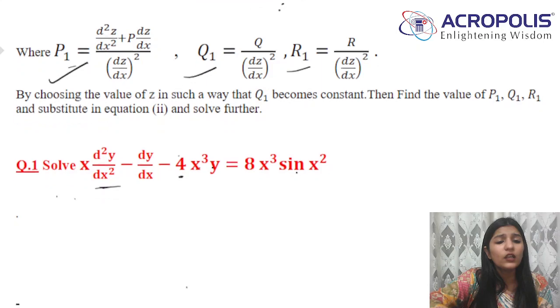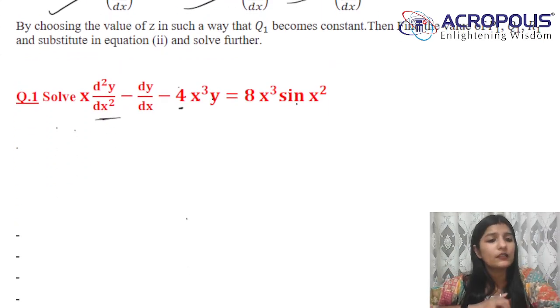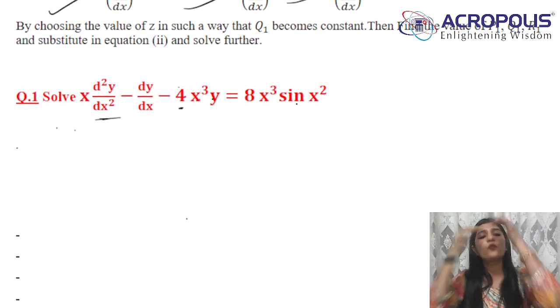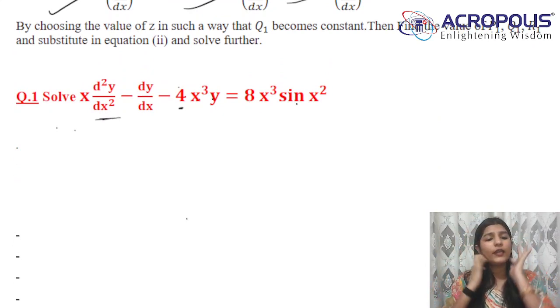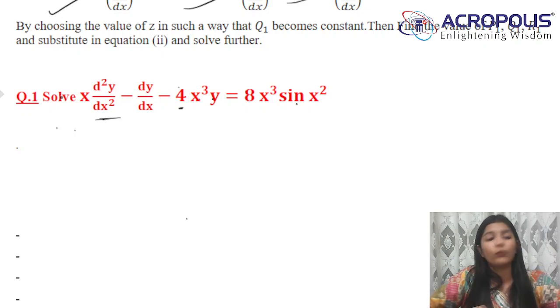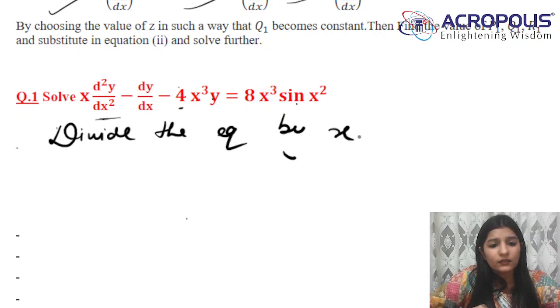The question is x d square y by dx square minus dy by dx minus 4x cube y is equal to 8x cube sin x square. We have to solve this question by change of independent variable. So let us convert the question into standard form. First divide the equation by x.